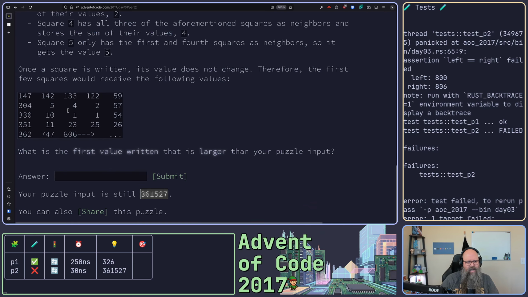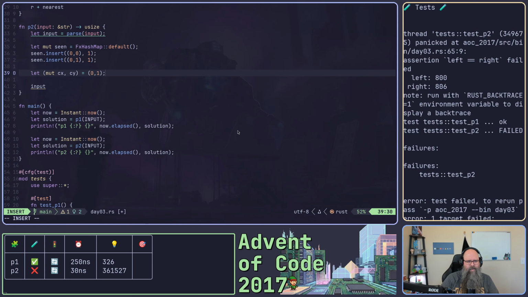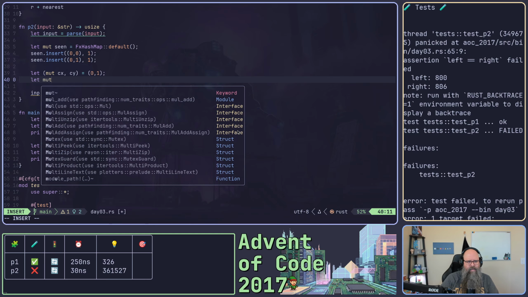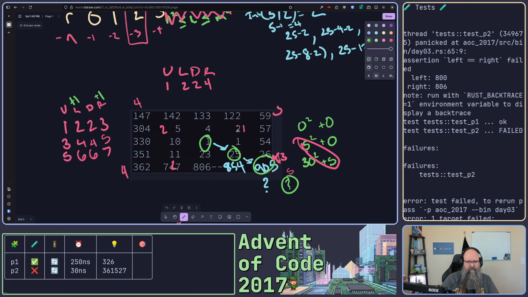So we're going to start at this position, and we know our let mut steps equals 1. We're going to start at 1.